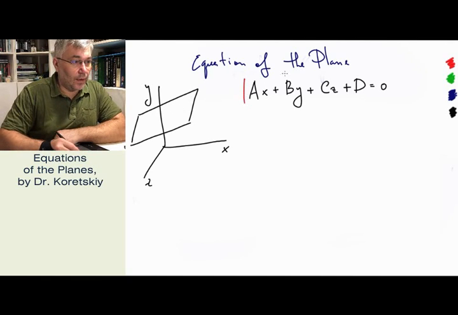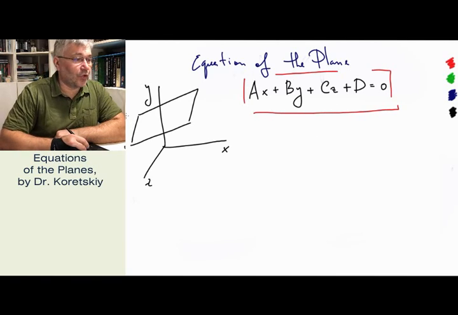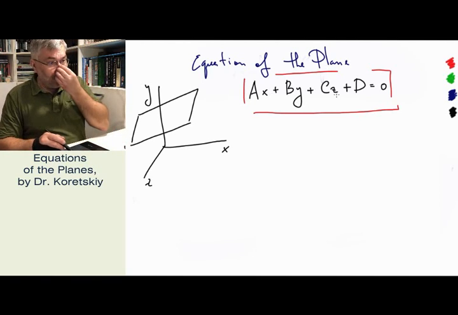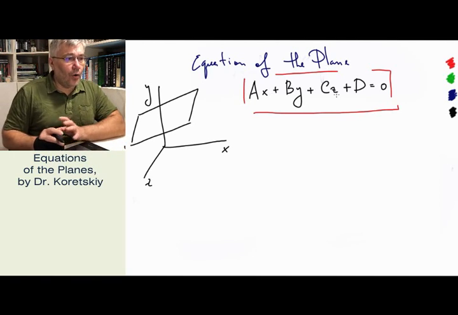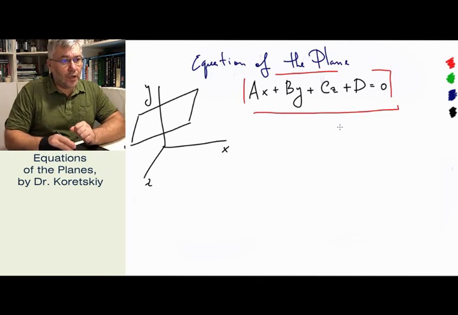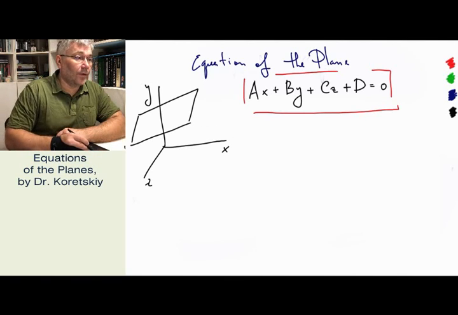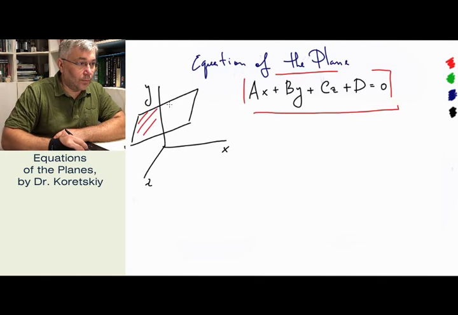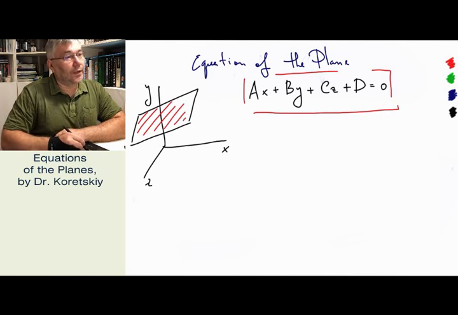Here x, y, z are coordinates, and a, b, c, d are some numbers. All points with coordinates x, y, z that turn this expression into an equality lie in the same plane.